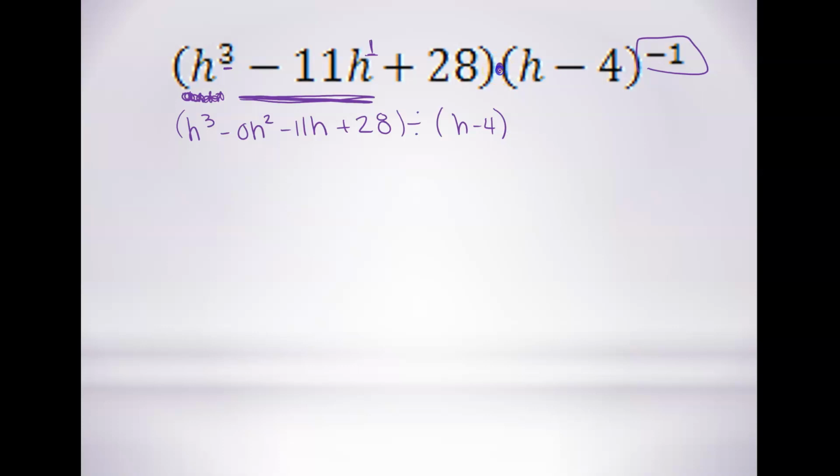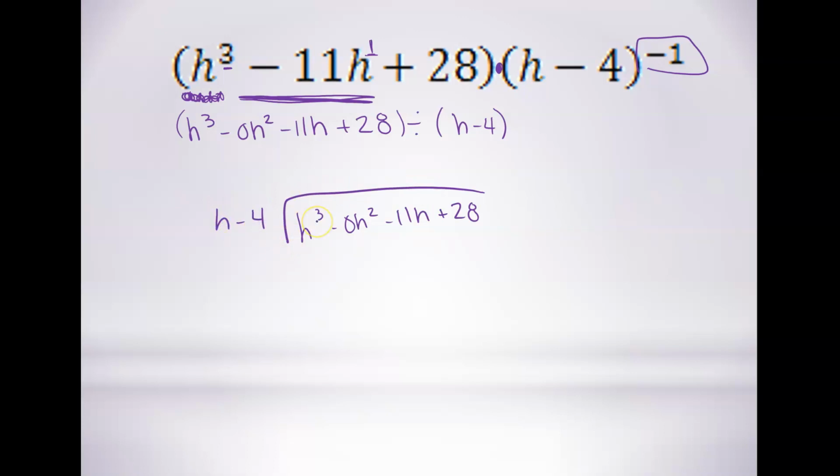So that multiplication becomes division of h minus 4. So we have our dividend and our divisor. Let's get our quotient. So let's put h cubed minus 0h squared minus 11h plus 28 in our dividend. Let's put our divisor out in front.